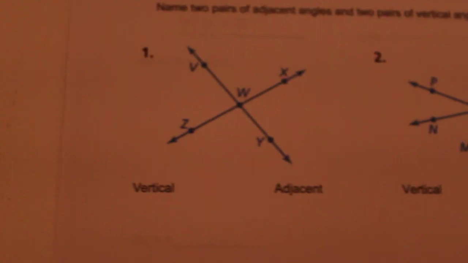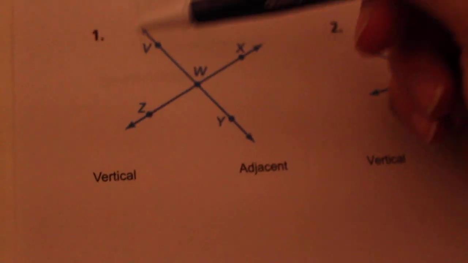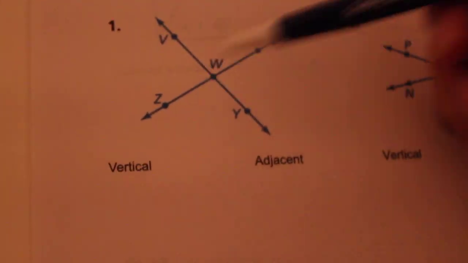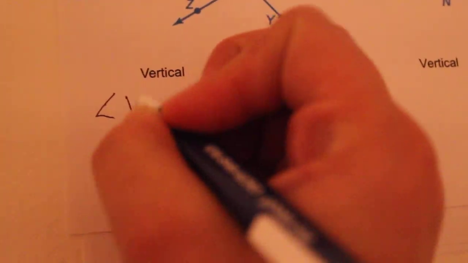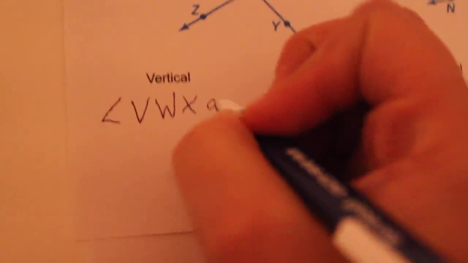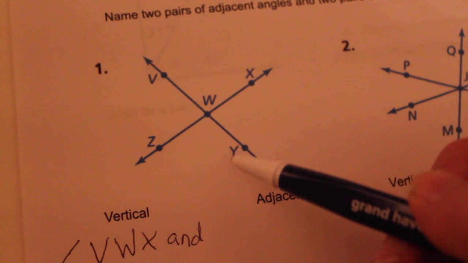Now that you've rejoined us, let's see if we can name a few. Some vertical angles would include angle VWX, so we need that angle sign, and angle ZWY.